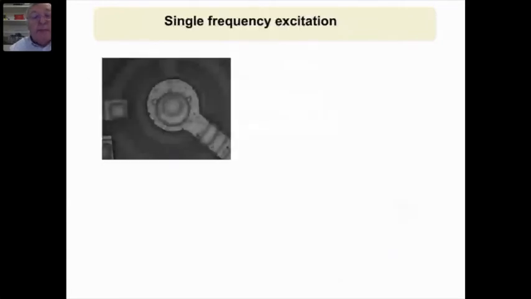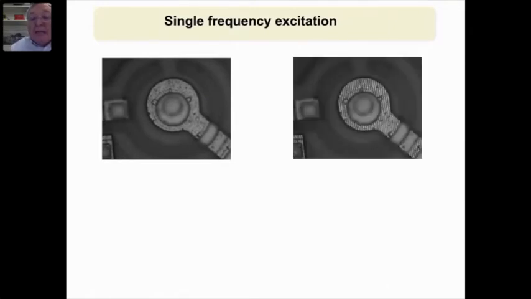Let me try and explain. If I try to image this part of a transistor here, if I project a pattern, a grid line, onto the specimen, you can only see the grid line where the microscope is in focus.